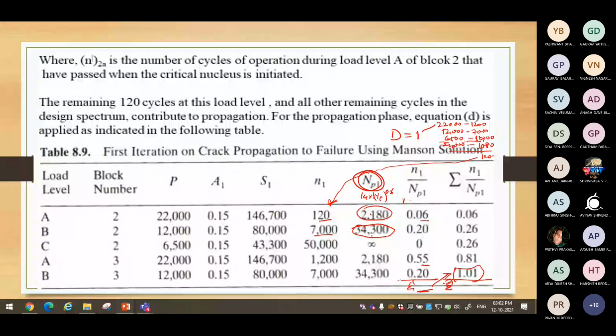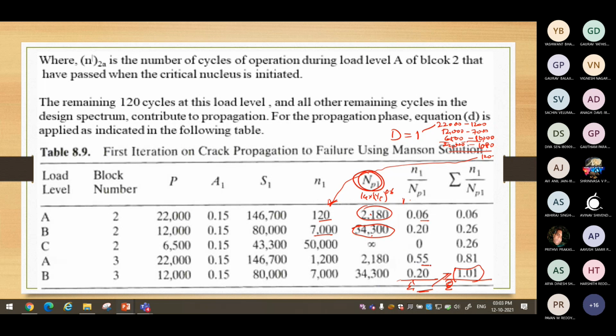Okay, so this value is here. We have altogether the total accumulated damage to be 1.01. Okay, 1.01 is the total accumulated damage. Now you see, by using Manson's rule, 0.15 is giving us the damage.